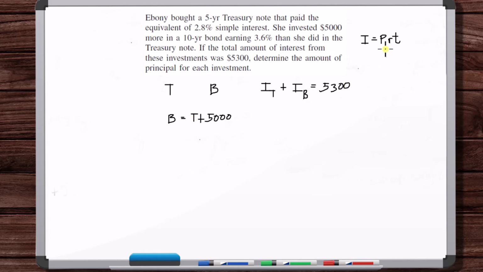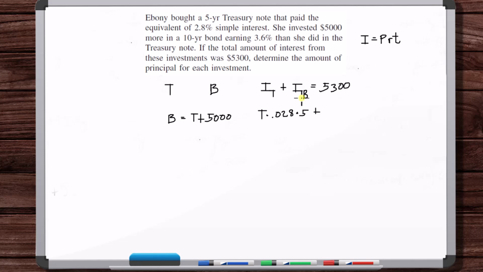Now in this formula, P is the initial investment. Let's write this out. The interest from the treasury note is T times the rate, 0.028, times the time of that investment, 5 years.